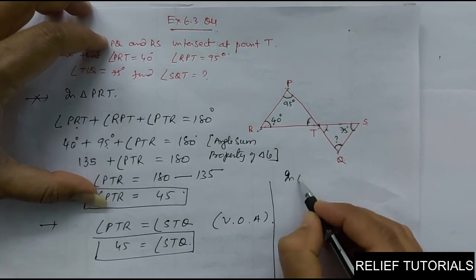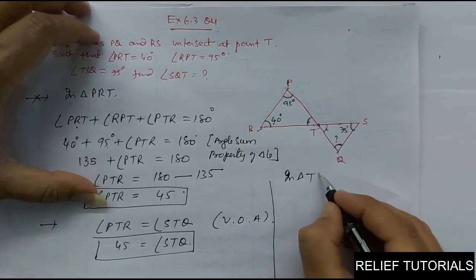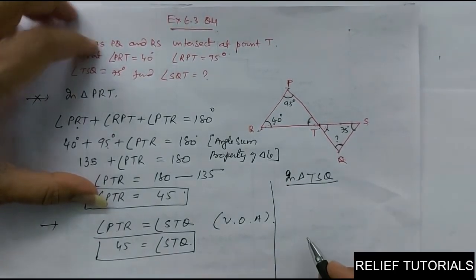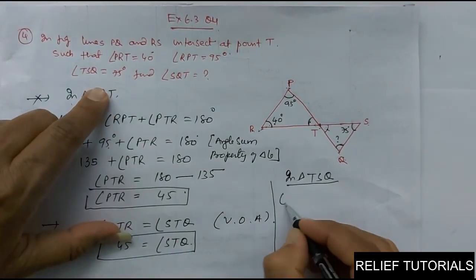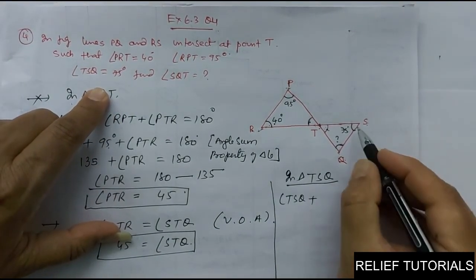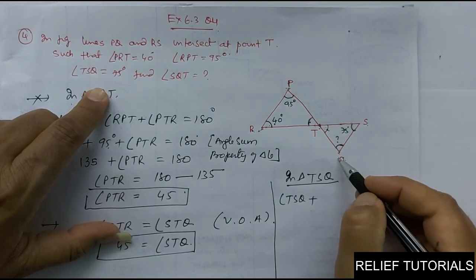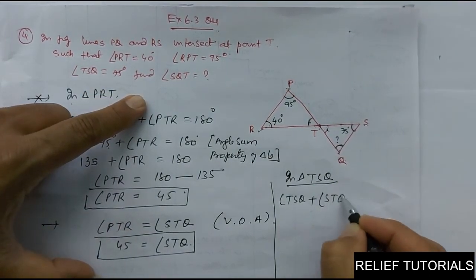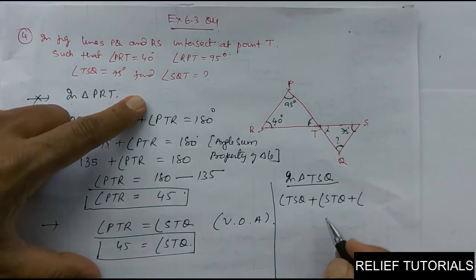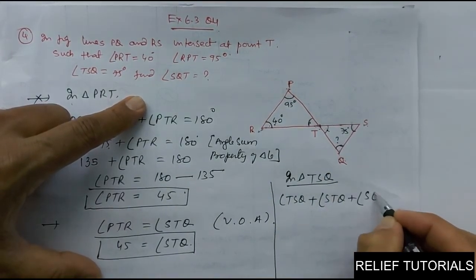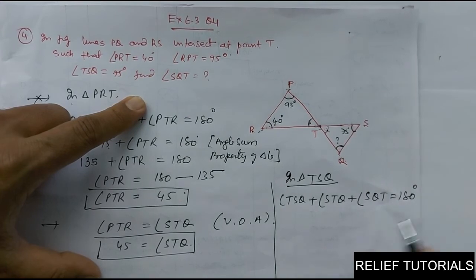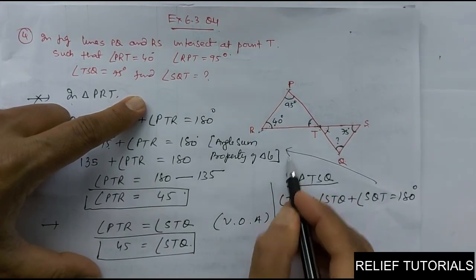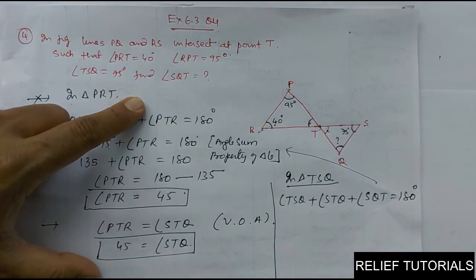Now in triangle TSQ, one angle is given. Angle TSQ plus angle STQ plus angle SQT is equal to 180 degrees. Why? Angle sum property. This is the property we have used.